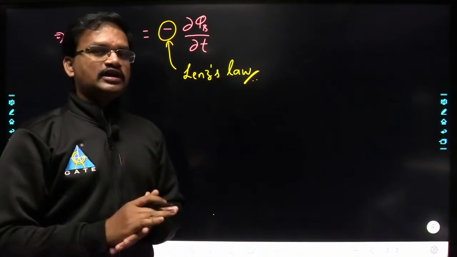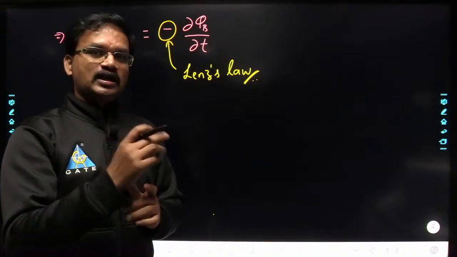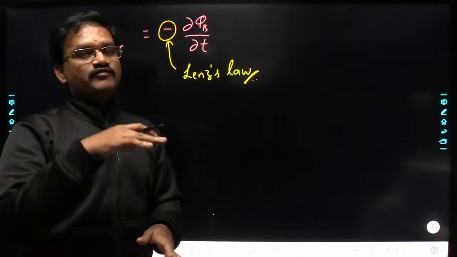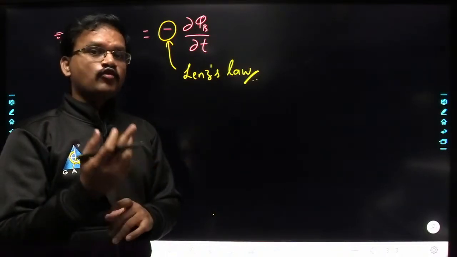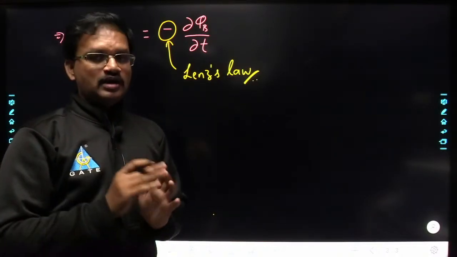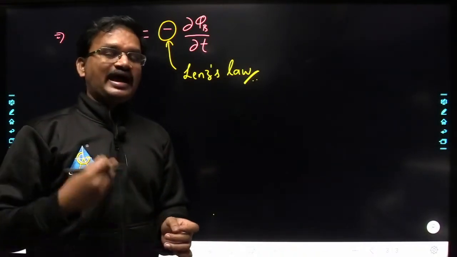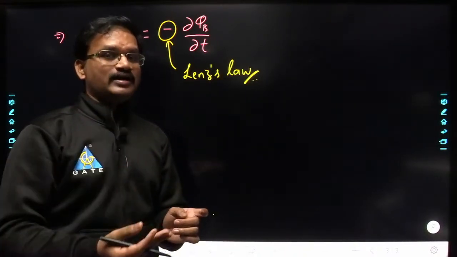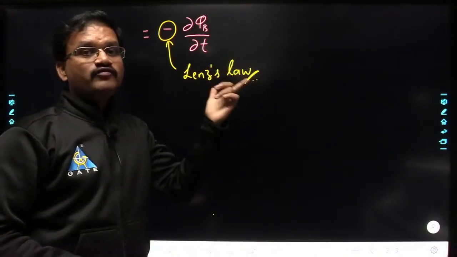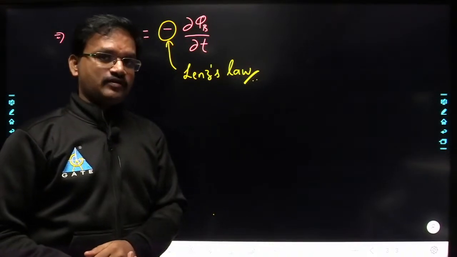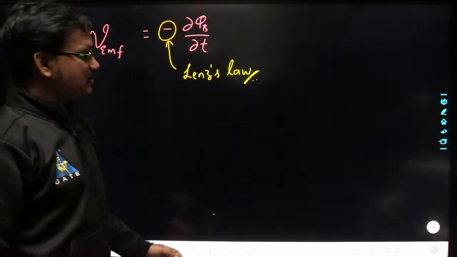When the flux is increasing, the current flows around the loop in one direction, and when the flux is decreasing, it flows in the other direction. To identify the exact direction of current flow in the loop, we take the help of Lenz's law. Now I will explain what this Lenz's law is.